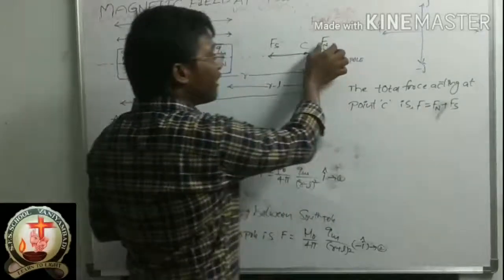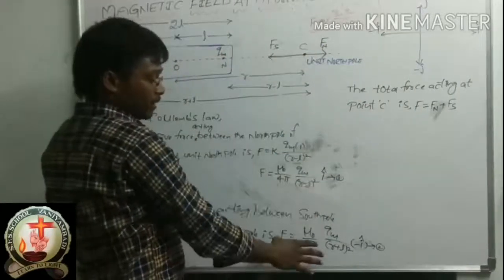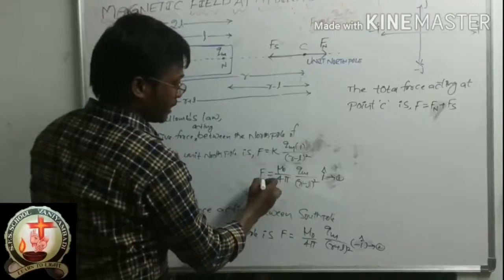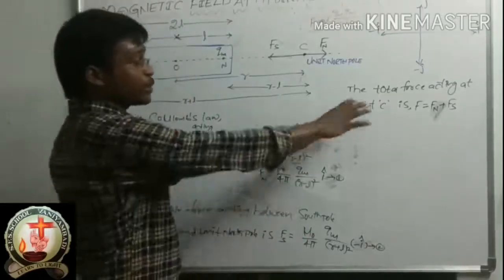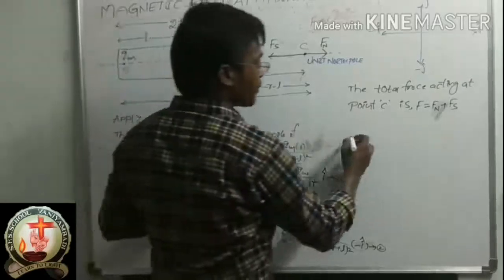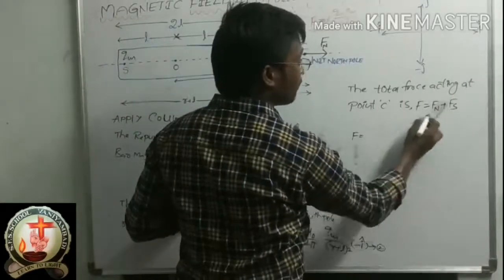So we know the Fn value and we know the Fs value. Okay, I didn't mention here. This is the Fn and this is the Fs. So please substitute simply there. Now F is equal to Fn value, how much?